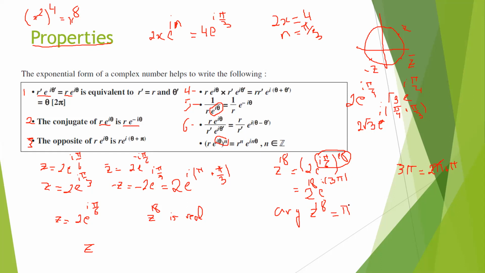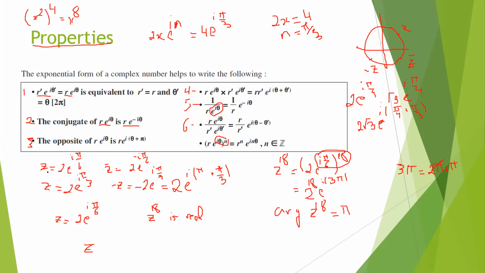We said the argument of z to the power 18 is pi. The term on top is the argument, because z is r e to the i theta. For example, z equals 2 e to the i pi over 6, so pi over 6 is the argument of z.